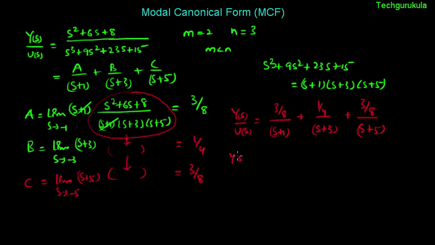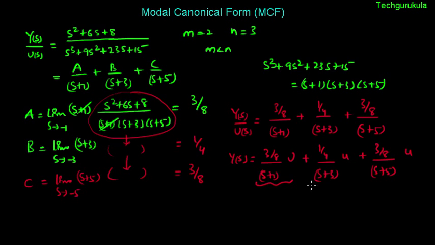Now the output y of s is 3 over 8 by s plus 1 times u, the input, plus 1 over 4 by s plus 3 times the input, plus 3 over 8 by s plus 5 times the input. The output is actually the summation of the first, second, and third terms.